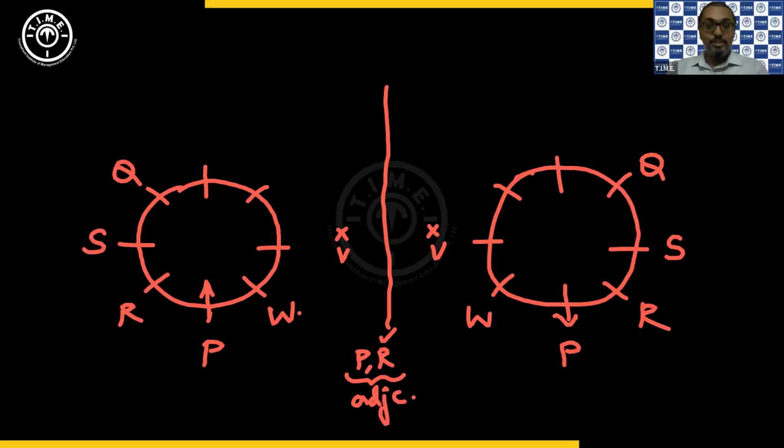Now, the immediate neighbors of P, and we know P's direction. So the other neighbor of W should be opposite to the direction of P. If P is facing the center, the other neighbor should be facing away, and here P is facing away, so the other neighbor of W should be facing towards.